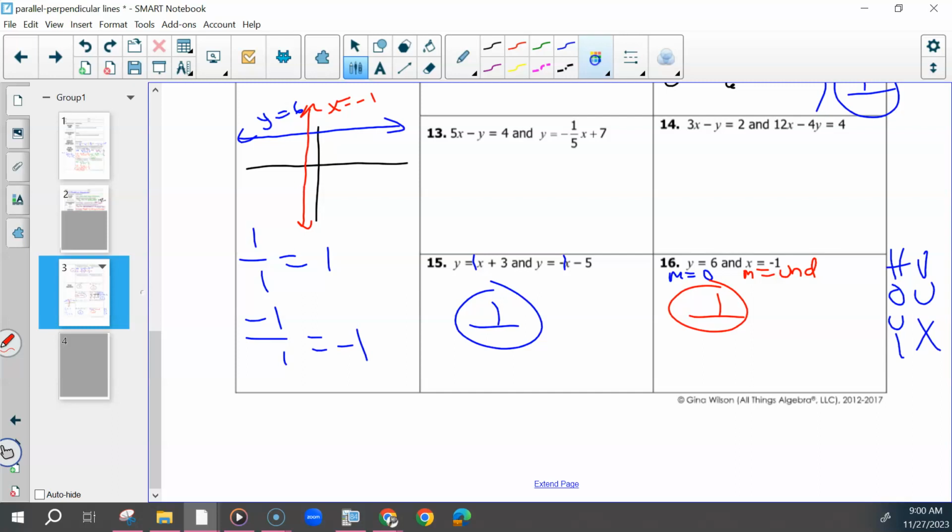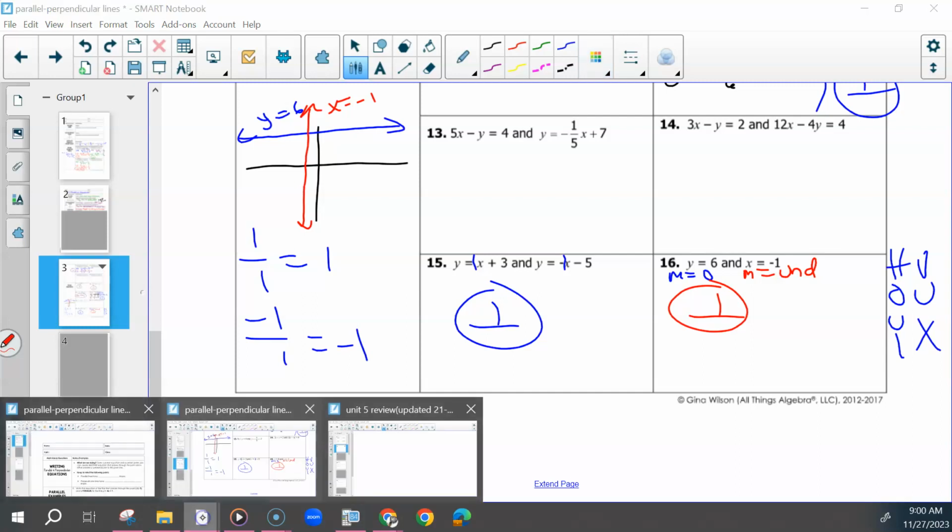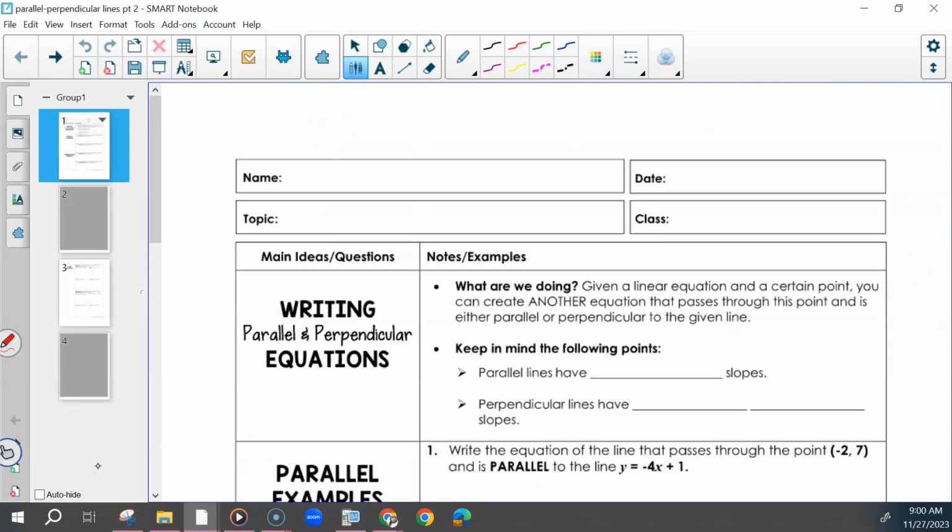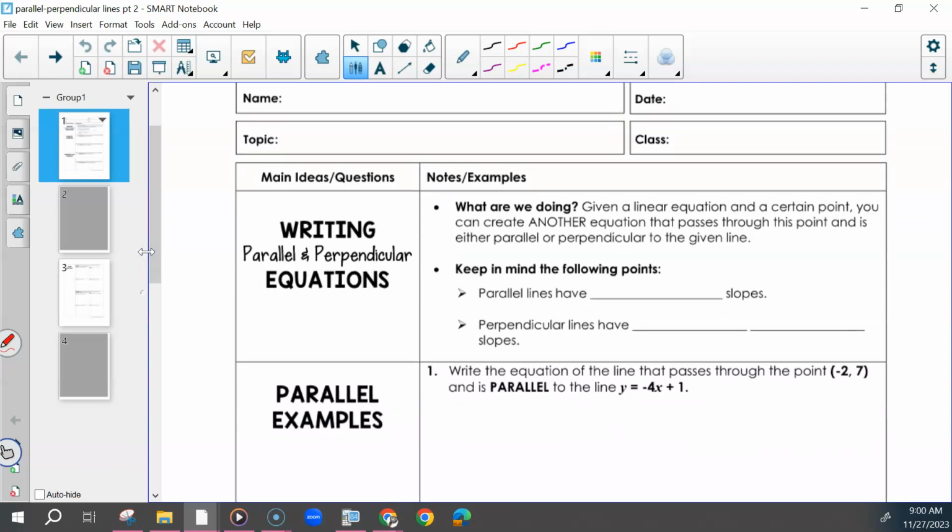Questions on how to determine if equations or points are parallel, perpendicular, or neither? Skip the page in your notes that says parallel, perpendicular, or neither. Go to the next one that says something about writing. This is the second part of what you need to be able to do with parallel and perpendicular lines.